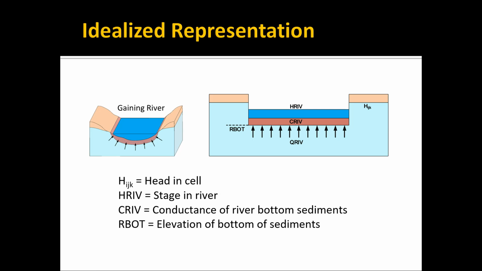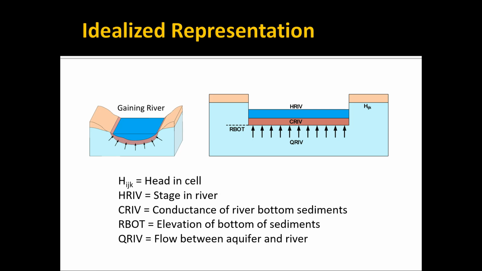RBOT is the elevation of the bottom of the river bottom sediments, and that will be important in a minute. And then QRIV is the resulting flow rate between the aquifer and the river, and that can be positive or negative depending on where we are.